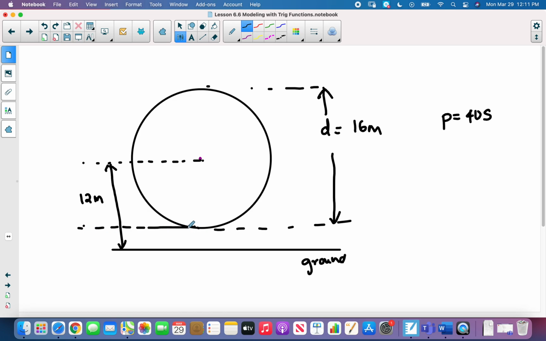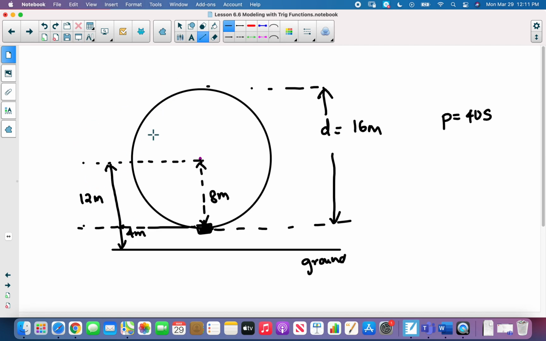If you know that the diameter is 16, that means the distance from the center to the top is 8 meters. This total thing is 12, so that means from here to here, this is 4 meters. So if you're trying to get on this ride at the bottom of the Ferris wheel, you are starting at 4 meters above the ground.